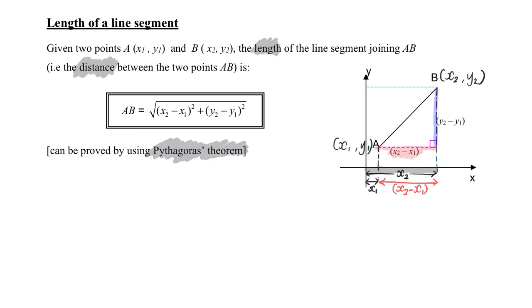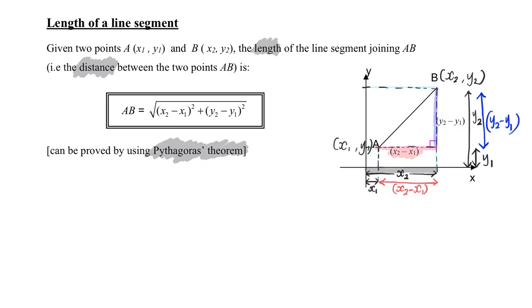I already have the distance from here all the way down is my y2. So the distance from here to here will be y1 and therefore the distance for the blue color will be my y2 minus y1.